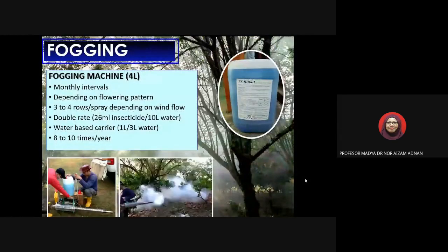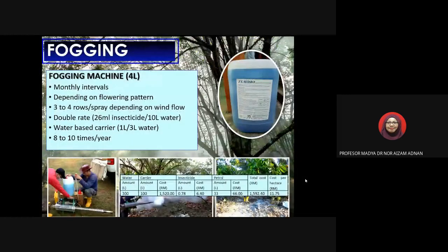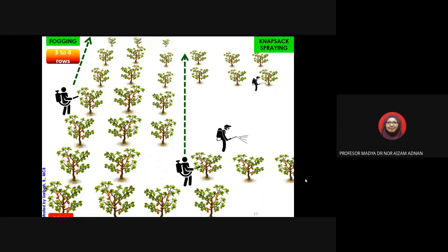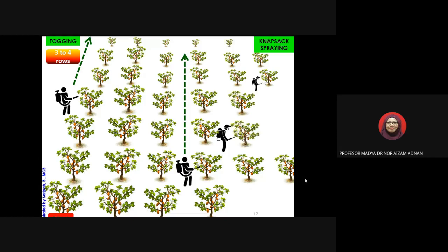The last one is the fogging technique, with monthly data recorded, 3 to 4 rows per spray depending on wind blow. The data was collected 8 to 12 times per year, and the cost per hectare was also calculated. This is how the techniques were implemented in the cocoa plantation area.